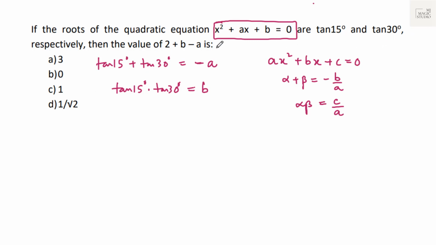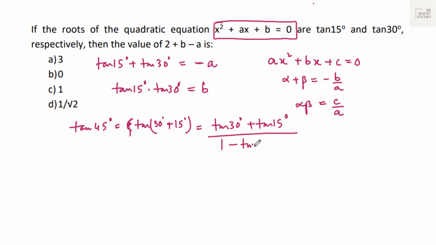Now it is given in the question that the roots of this equation are tan 15 and tan 30 degree. What will be the value of 2 plus b minus a? First of all, we know that tan 45 degree can be written as tan of 30 plus 15 degree, tan of a plus b. Tan of a plus b is tan a plus tan b divided by 1 minus tan a into tan b.